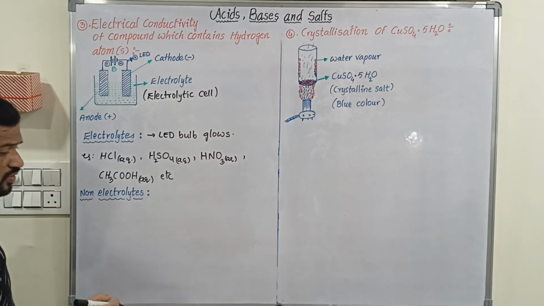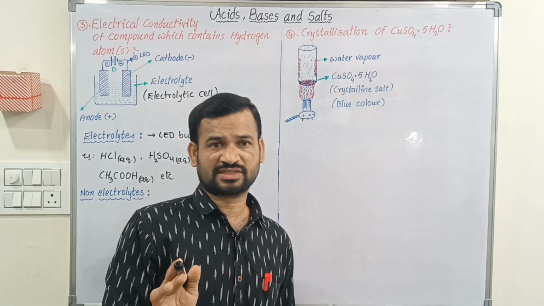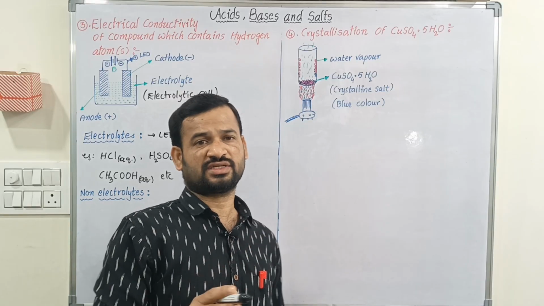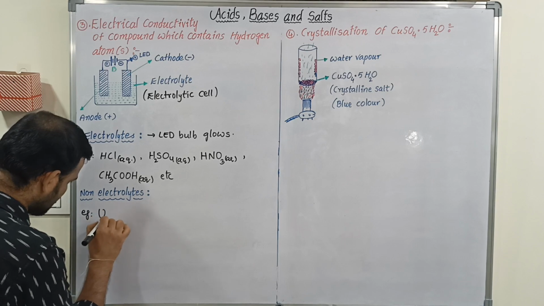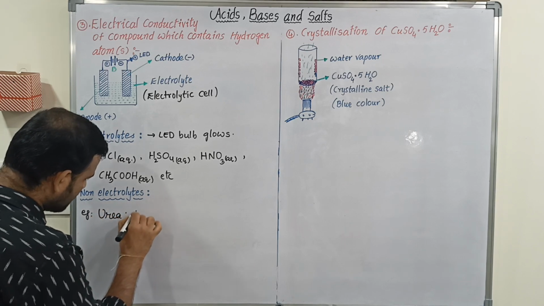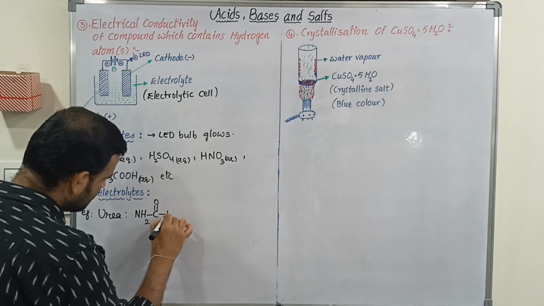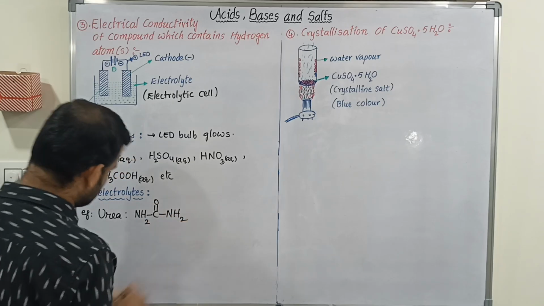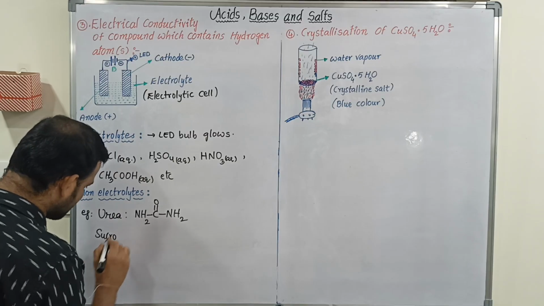So next, non-electrolytes means these do not conduct electricity, these do not ionize into ions. For example, urea, formula is NH2 bond C double bond O bond NH2. Next, sucrose is nothing but sugar cane or sugar.